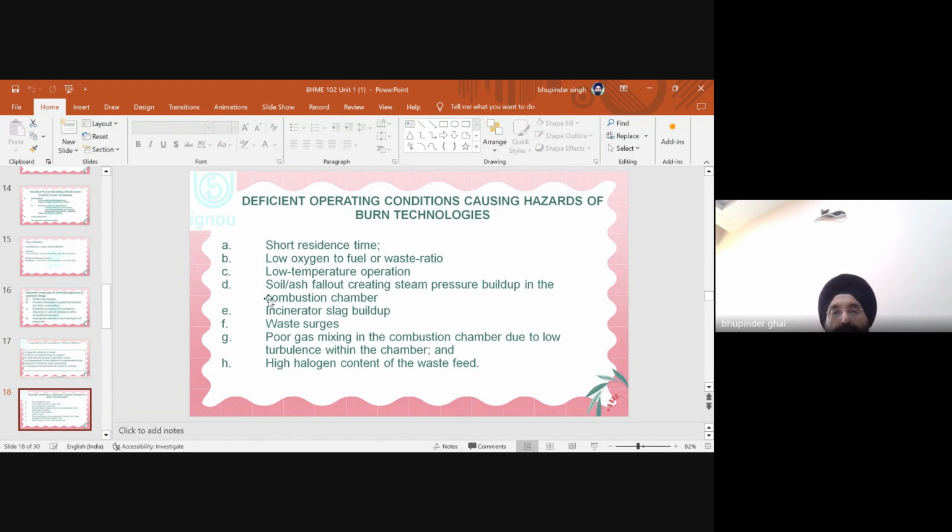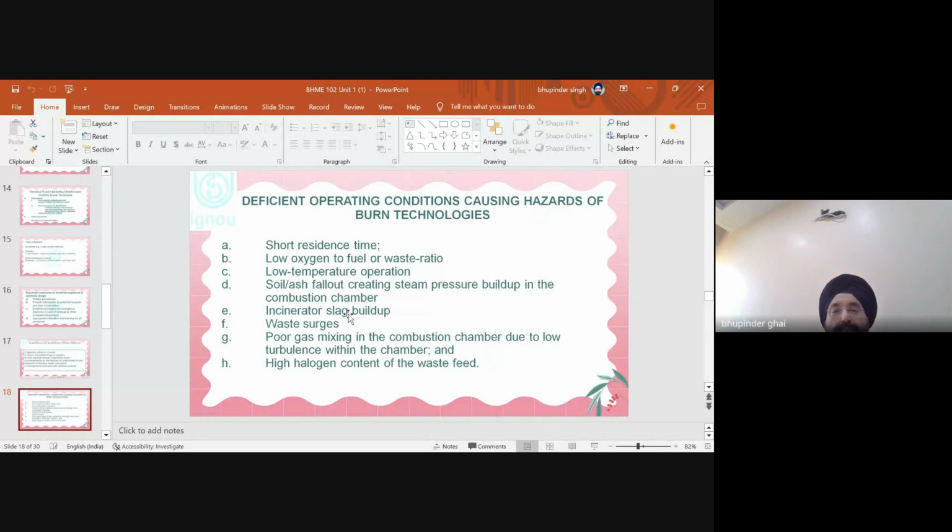Or if the soil or ash which is produced after burning of the material has fallout, it will cause pressure buildup in the combustion chamber. That will also cause release of toxic gas.